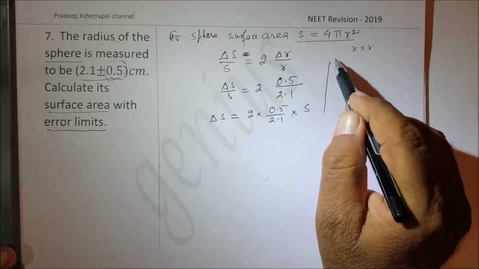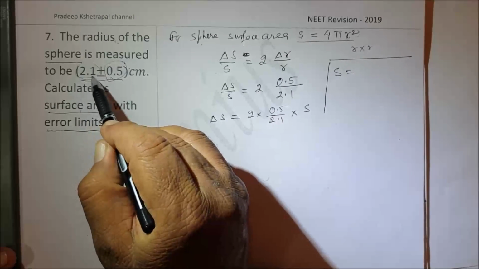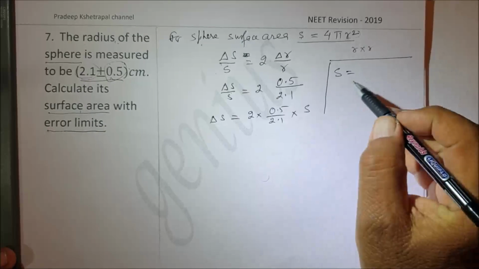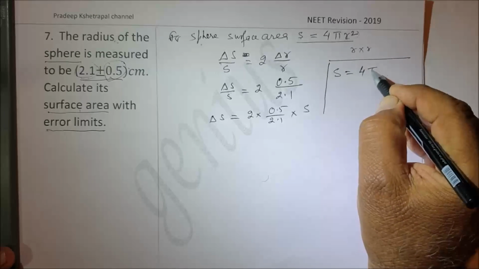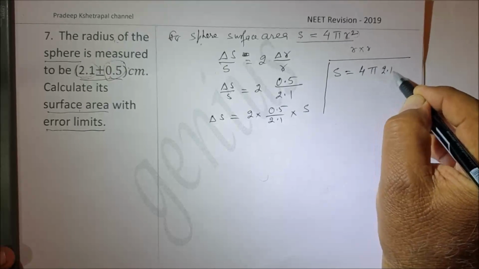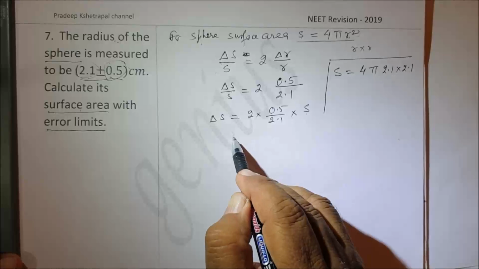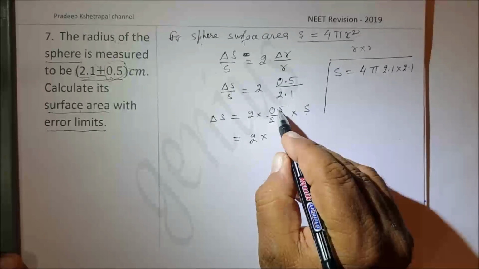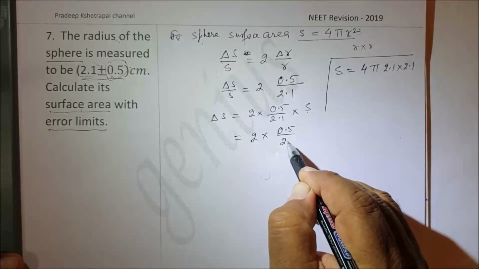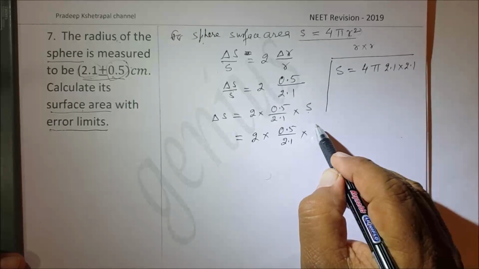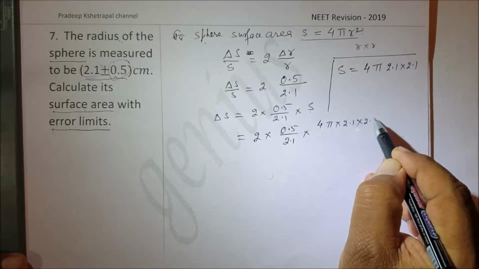So this S we can calculate. How? S is equal to, this is the radius without errors, so the mean value. So this is 4 into pi r square, that is 2.1 into 2.1. So that value we put here, and it comes to be 2 into 0.5 upon 2.1 into 4 pi into 2.1 into 2.1.